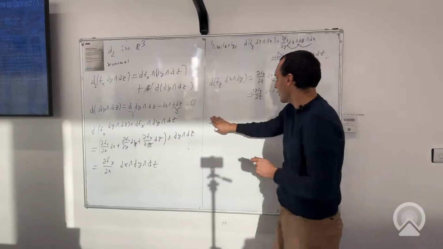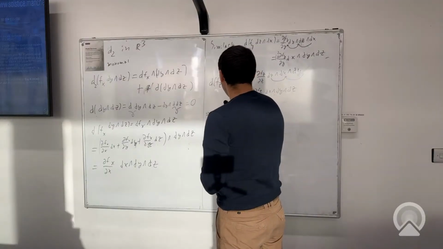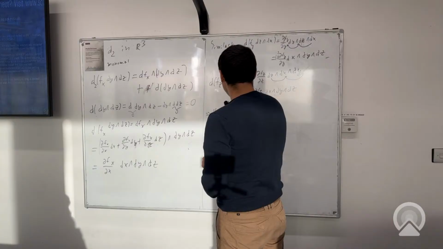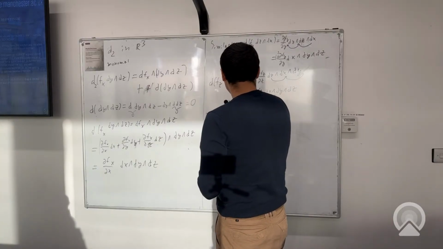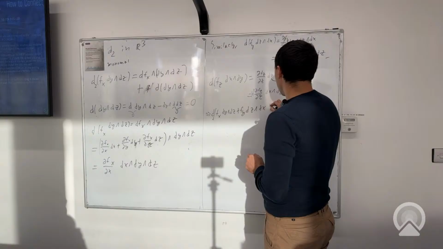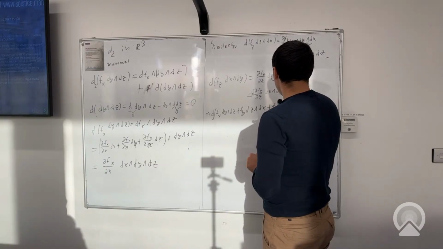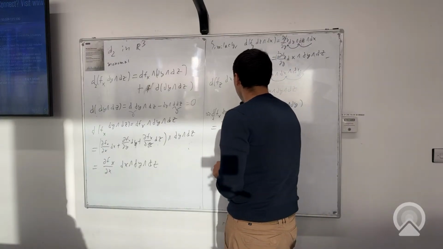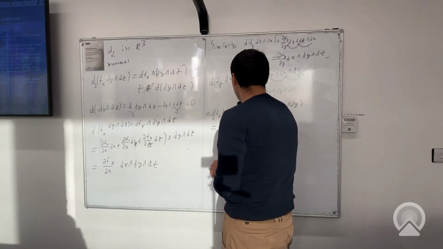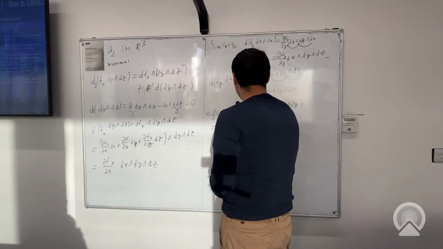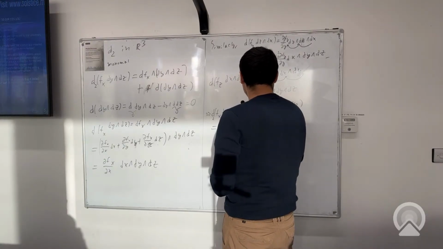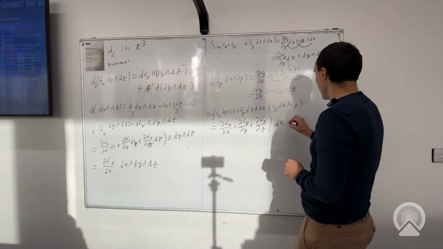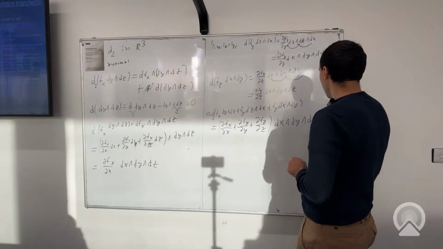And so the whole result: d of d2 of f x dy wedge dz plus f y dz wedge dx plus f z dx wedge dy equals the partial of f x with respect to x plus the partial of f y with respect to y plus the partial of f z with respect to z, all of them multiplied by this three form.